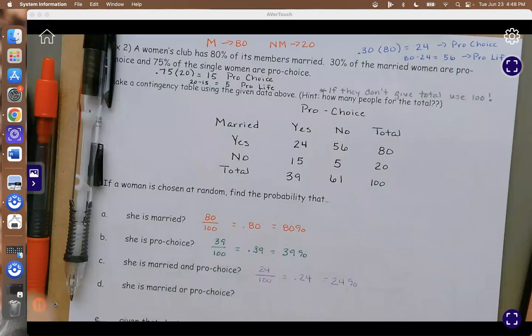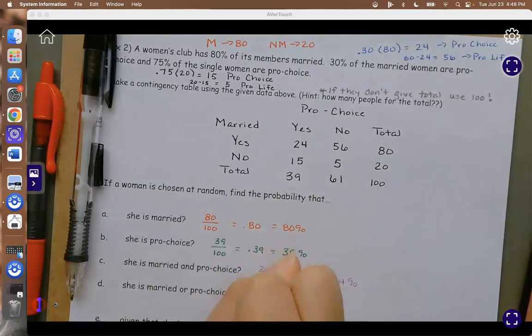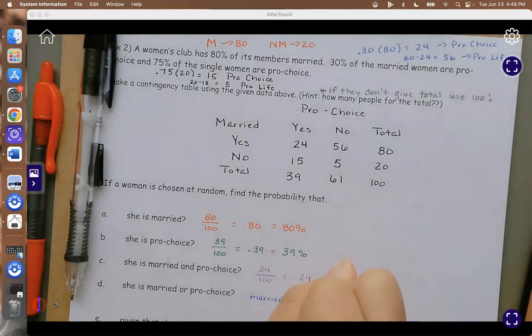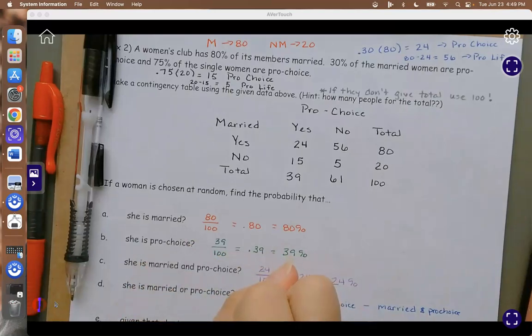Okay, so married or pro-choice, let's do this one. So we have to do married plus pro-choice minus the overlap of married and pro-choice. So we have these numbers here. Married is 80 out of 100.